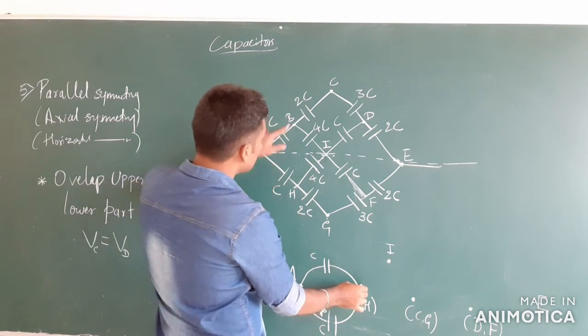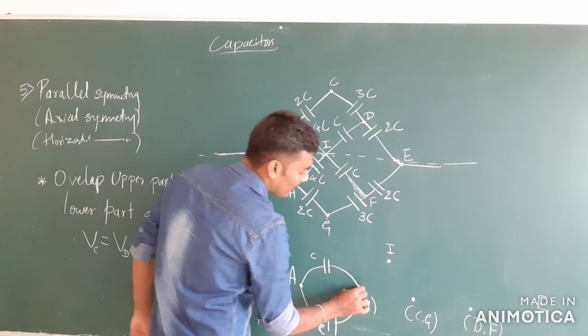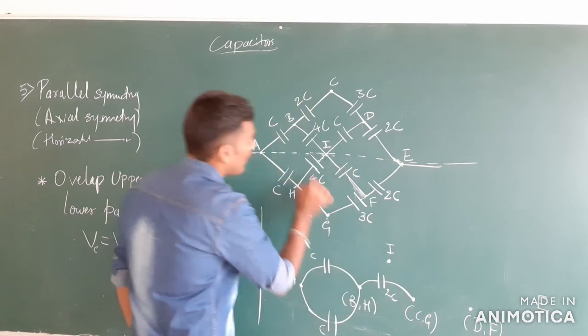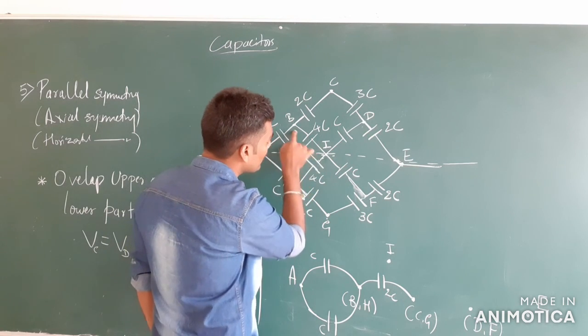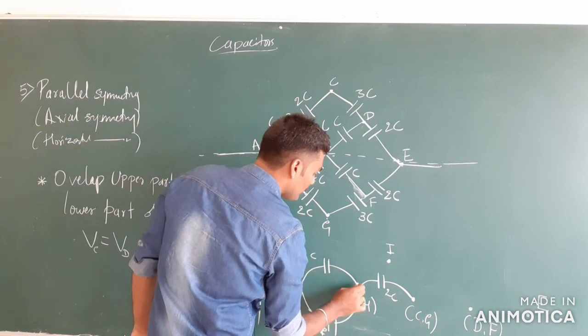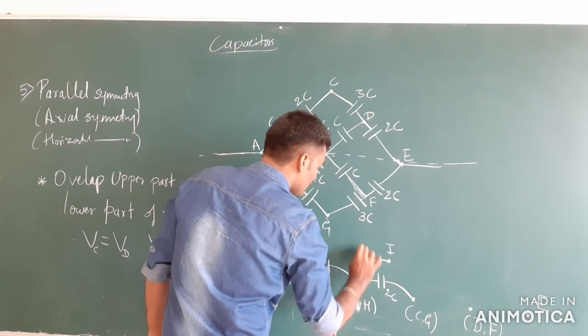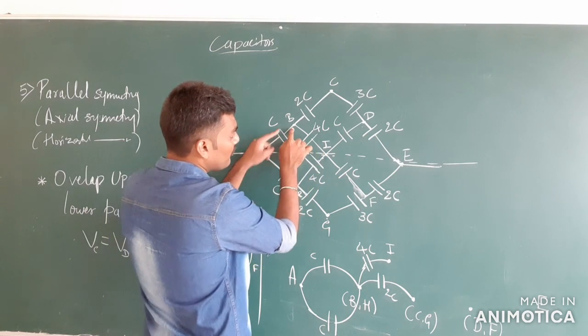Now from B to C, I have one capacitor of capacitance 2C. And from B to I, I have a capacitor of capacitance 4C. Then B is done.